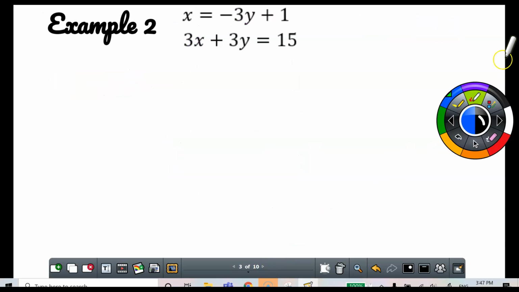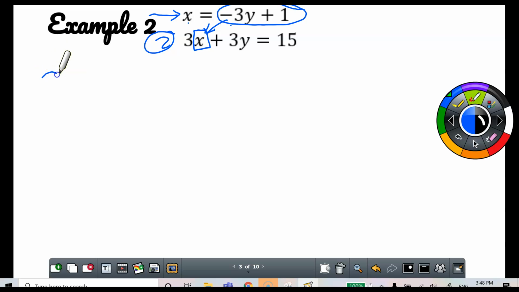Next example. Here from the standard equation, we can get the information. x can be represented by negative 3y plus 1. So you can exchange between x and negative 3y plus 1. Okay? And in the second equation, you'll see an x. So instead of putting x there, you substitute it with negative 3y plus 1 in parentheses.